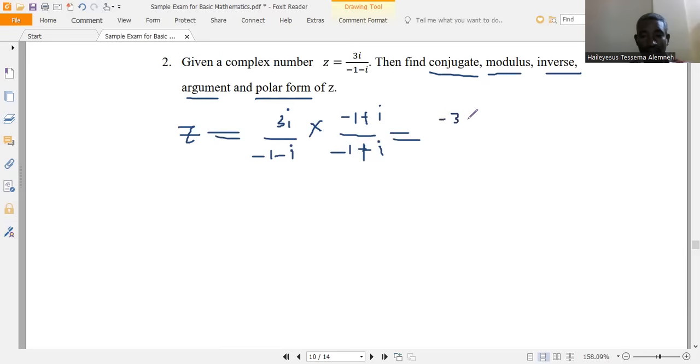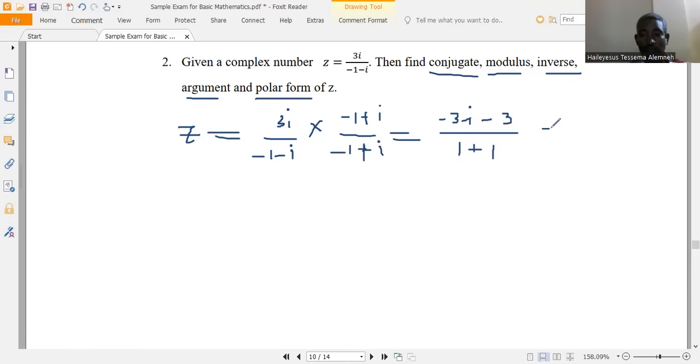So which is the same as minus 3i, and i times i is minus 1, which is minus 3 over, minus 1 times minus 1 is positive 1, plus i times i is negative 1, which is plus 1.